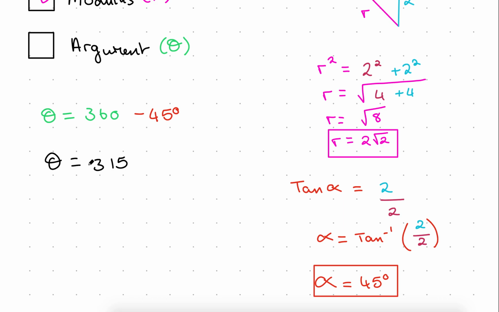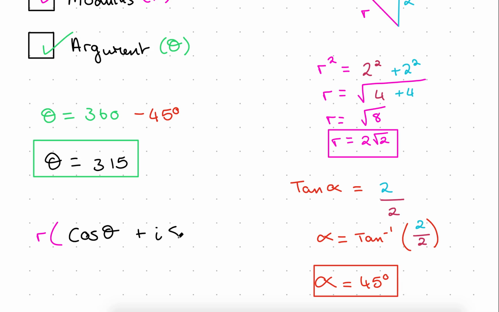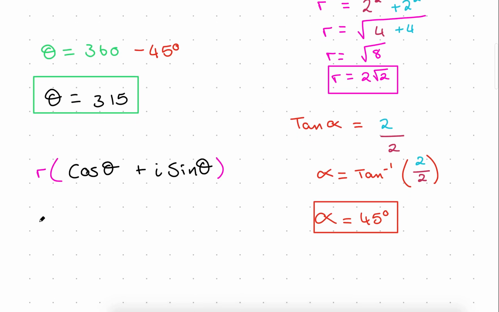So that's what I needed to find, so I've also got that. And then what we can do is we sub it in to the formula, which was, again, going to be r multiplied by cos of theta plus i multiplied by sine of theta. That's what we have. And now we just fill those in for ourselves. So we're going to say r was 2 root 2.